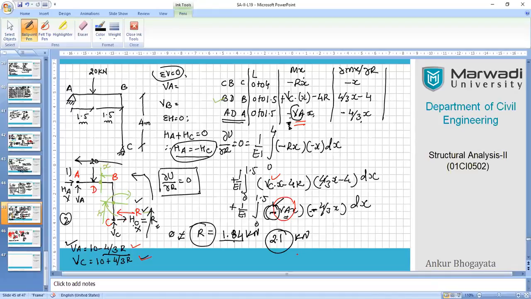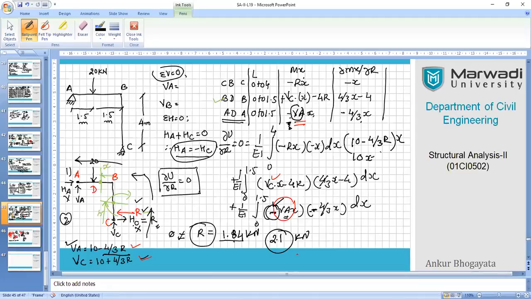Here it is VA. So when I replace VA, 10 minus 4 by 3 R, into X. So that will be 10x.